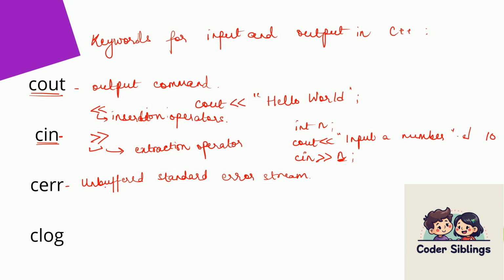So what is a buffer? We will understand it very soon. But before moving on, the cerr command is used to output the errors. What it does is outputs errors, right? And this is also a part of the IOStream library.